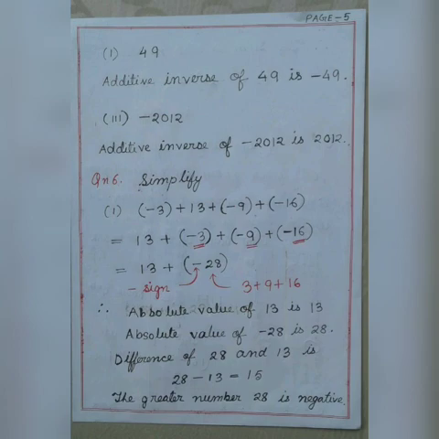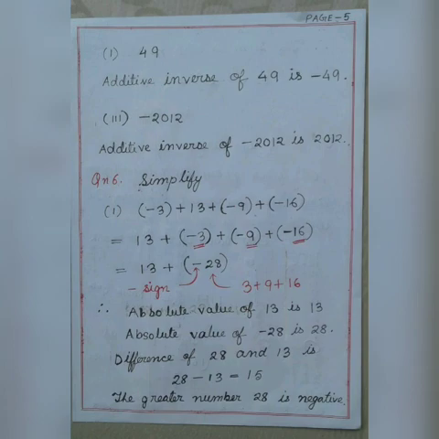Therefore, absolute value of 13 is 13. Absolute value of minus 28 is 28. We have to add one positive and one negative number. So, to find the sum of one positive and one negative number, we have to find the difference of absolute values and put the sign of the greater value before the sum.